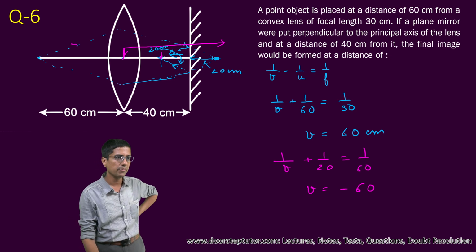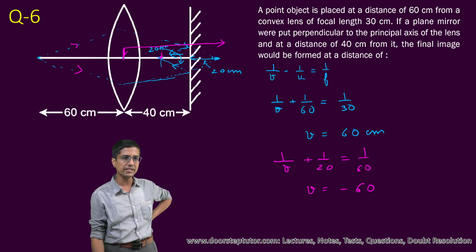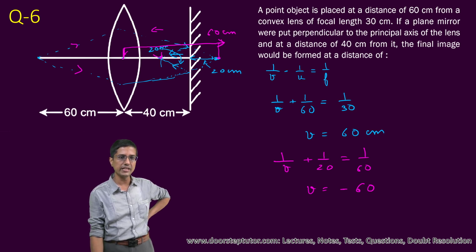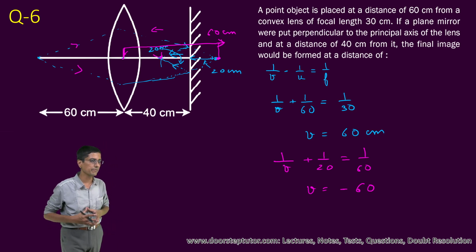Previously we were working with this direction of light rays. When we were solving for this object, we are working with the light rays coming from this object in this direction. So that is why with this minus 60, we go 60 centimeters this way, and 60 centimeters this way again takes us to the same point where our first image was formed.